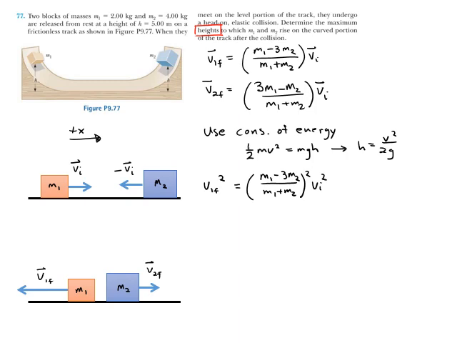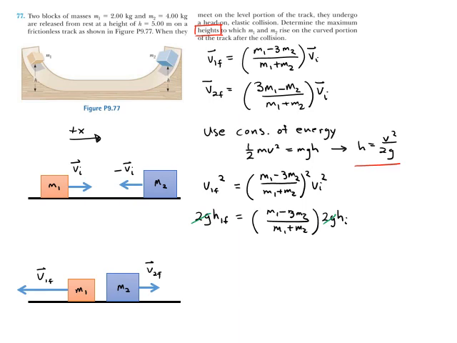And from there, v1f squared is going to be 2g h1f, substituting in this formula here, is equal to m1 minus 3m2 over m1 plus m2, squared, times vi squared, which is going to be 2g times the initial height, hi. And the g's cancel and the 2's cancel. So I get here a formula for h1f in terms of h1i.